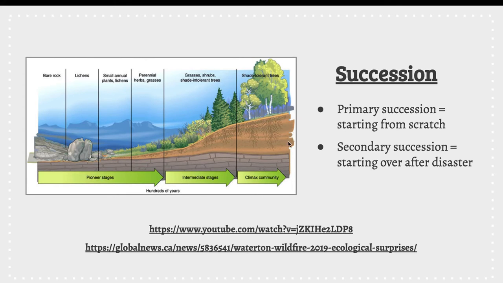Those are going to be the last species to live in an environment. And those would be considered the climax species or the climax community. So once our species get to this point, they are known as being in the climax community.